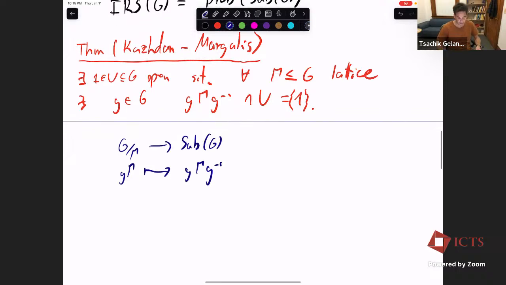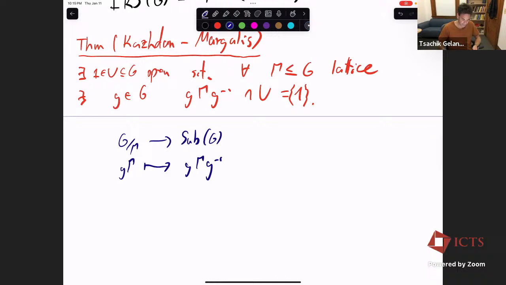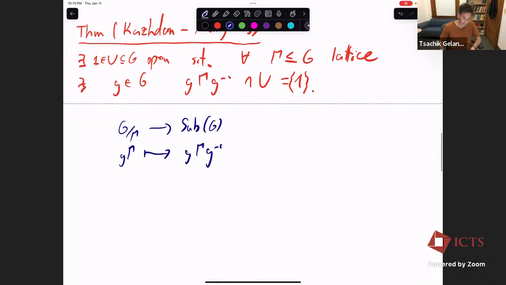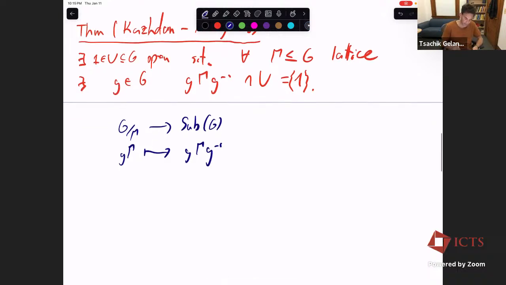So if you think of the generalization of the Kazhdan-Margulis theorem for general IRSs, you get a stronger statement, but it turned out to be much easier to prove. So the proof is straightforward. And so how do you extend it?